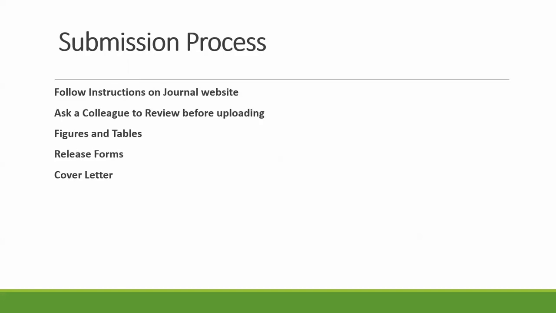For the submission process, you want to follow the instructions on the journal website. Before you submit, I'd ask a colleague to review it. Take a look at it for grammar, spelling, to see if things make sense. Sometimes something that we write may make sense to us, but that's because we're too close to it and we're having trouble editing ourselves. Somebody else may see a paragraph and go, wow, that doesn't make any sense whatsoever.